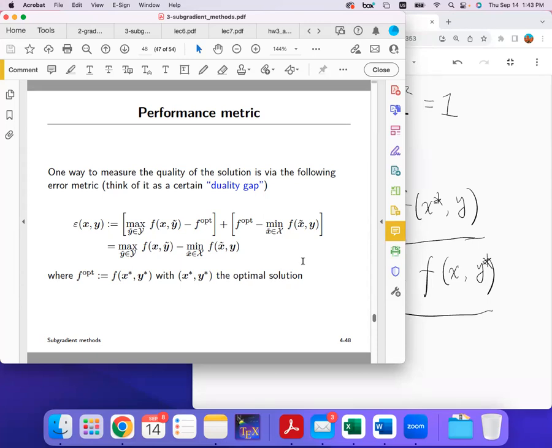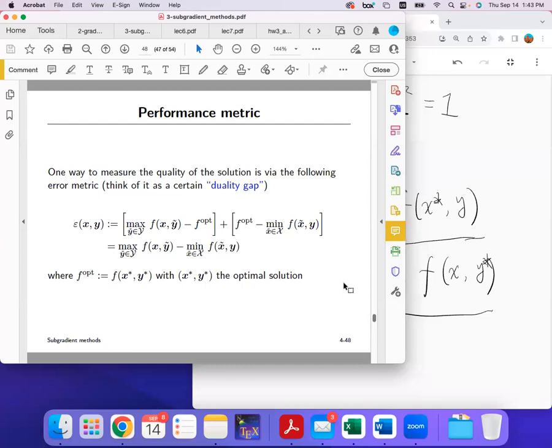So this part, I think it still follows the intuition, but because it's a saddle point problem, it's a little bit more complicated. Makes sense, right?